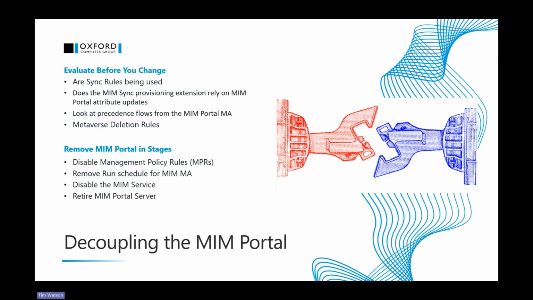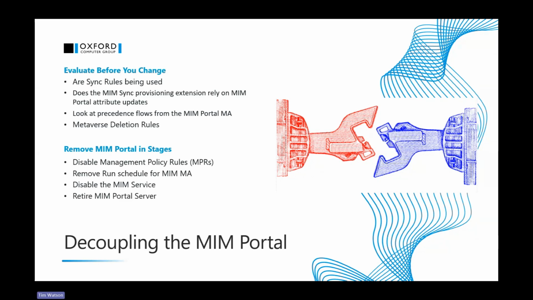So maybe we had a multi-value attribute in the MIM portal that we added to if someone needed Exchange or a SQL connector. So that would get imported into your metaverse. And we could say, if you had this value in this attribute, provision it to this connector. So a lot of clients might have that type of functionality in the portal that they have to look into, and they're going to have to change their code in the sync engine if they really want to get rid of them in the portal.